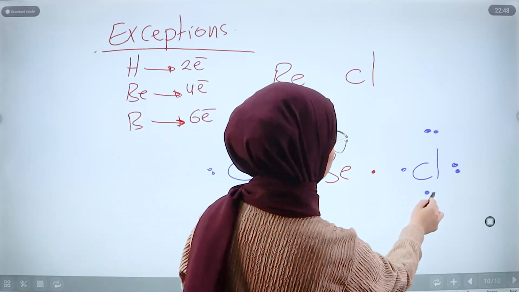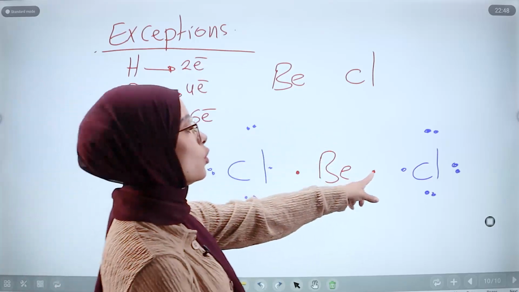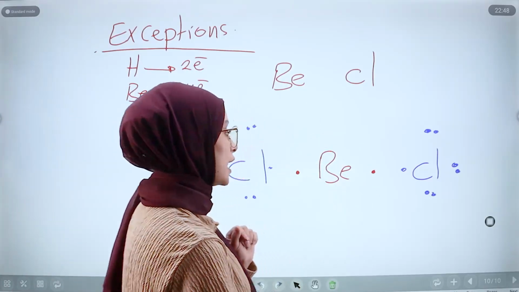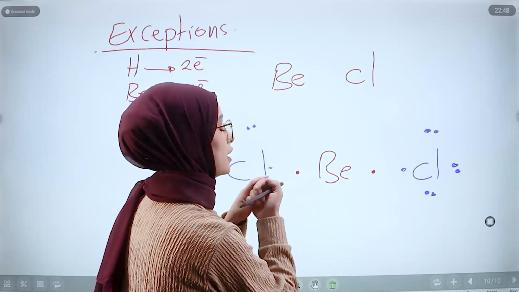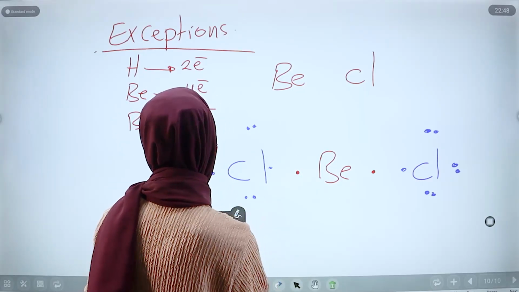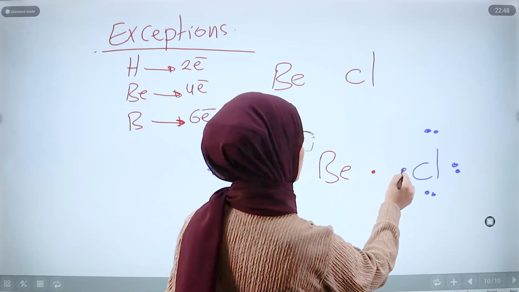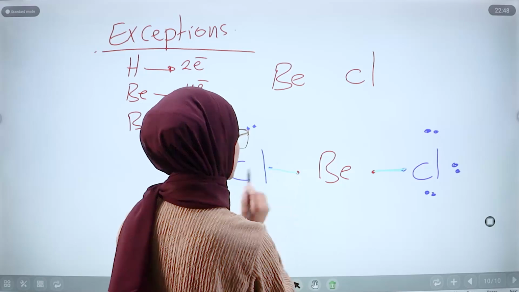I'm sorry, teacher, why did you draw 2 chlorines? Because I have 2 unpaired electrons. And I know previously that beryllium makes a covalent bond. As we said previously, each one of these electrons will bind to the other one by a covalent bond, as you can see here.